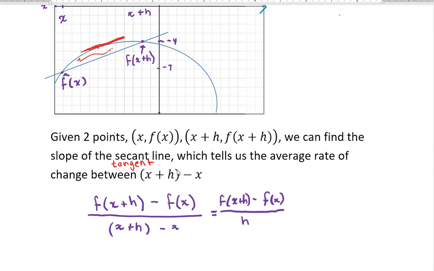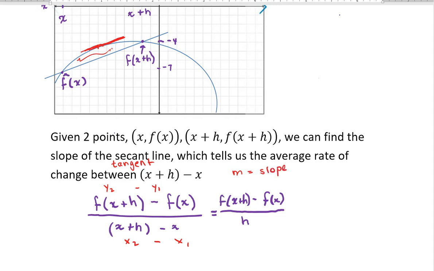With our function, if you take a look at this, this is our y2 minus y1 and our x2 minus x1, right? So this is only going to leave us our h at the end, which is the difference between those two. And here, again, this is really our slope function. This is our slope.